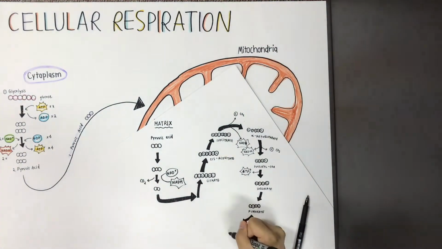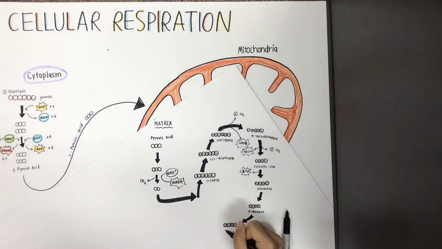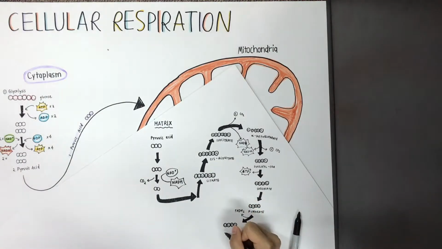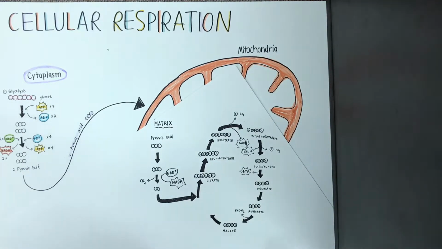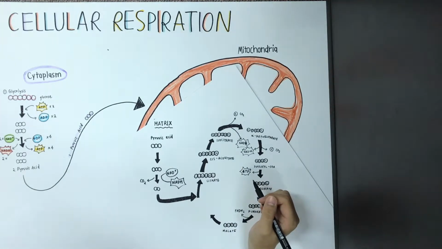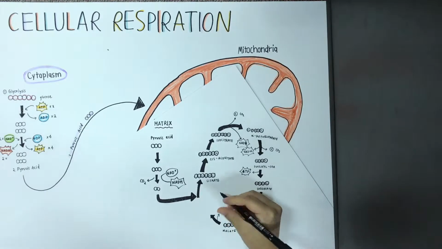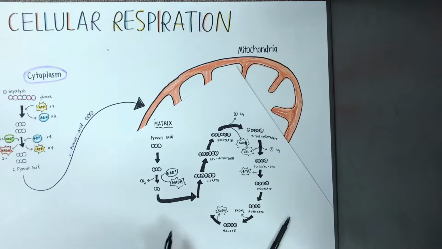In fact, FADH2 is only produced in this process of cellular respiration. Moving on, malate becomes oxaloacetate, completing the cycle. It also produces another NADH. The cycle is called the Krebs cycle, which is the second step of cellular respiration.